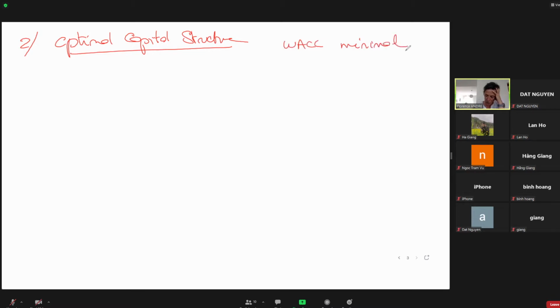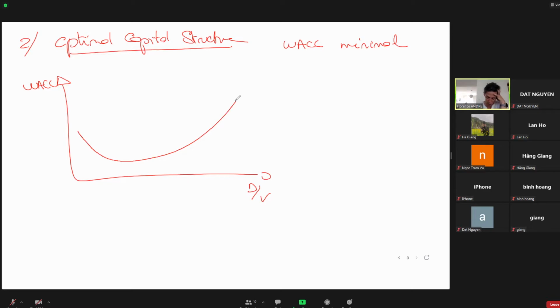Okay, so you know that if we look at the debt over V and the WACC, in practice, we observe that the WACC is like this. So you can see that here we have the optimal ratio, for which the WACC is minimal. So the question is to find what is the minimal WACC of Boeing.